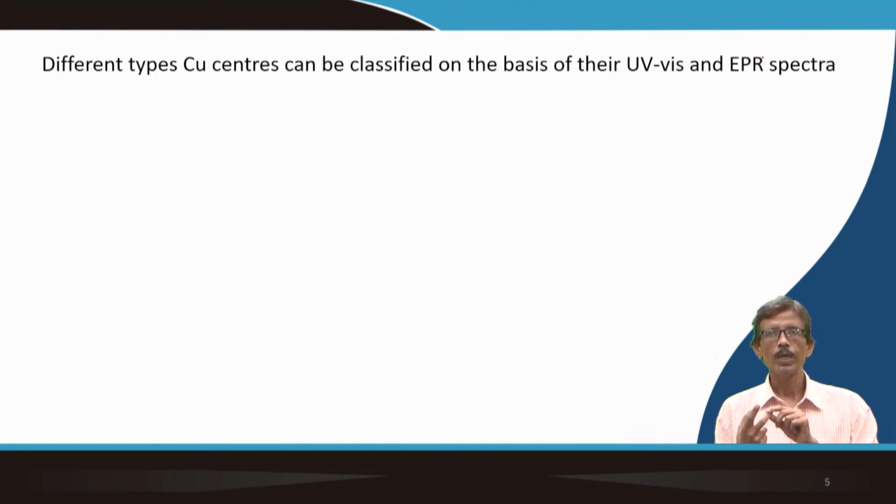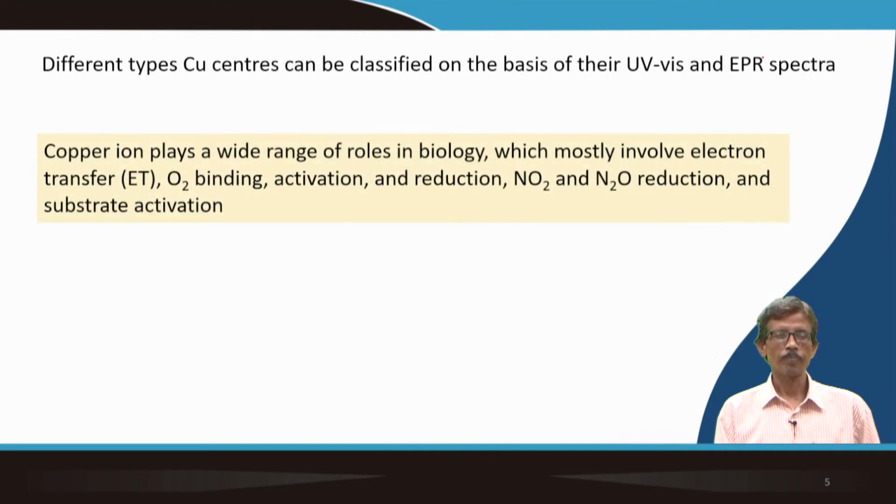One is simple UV visible spectroscopy or electronic spectroscopy, and another is electron paramagnetic resonance spectroscopy. So, why do we study these things? If you are trying to locate the nature of the copper center in this particular biological environment or even in the solution of copper sulfate or copper acetate, we should be able to identify these things.